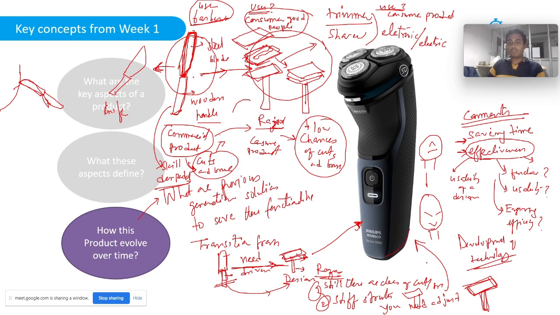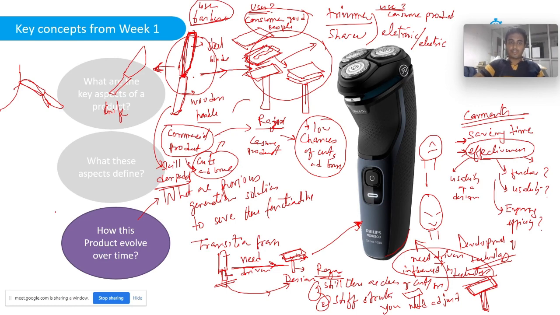So the transition from a razor to an electric shaver is not only need driven, but it is also influenced by technology. That's how a product evolves over time. So what I try to define here is two aspects.